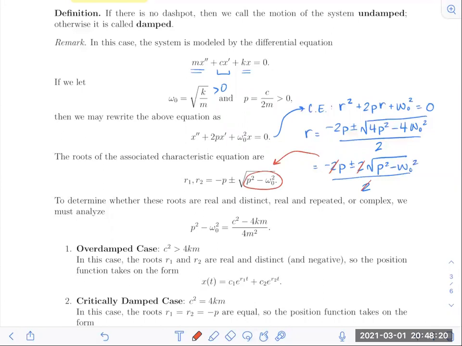What the book does here is take the definitions of omega and p and flesh it out to write p squared minus omega naught squared in terms of c, k, and m. So here again, the question becomes, what's happening with this numerator? You have three cases. Either c squared minus 4km is positive, which would mean real and distinct roots.